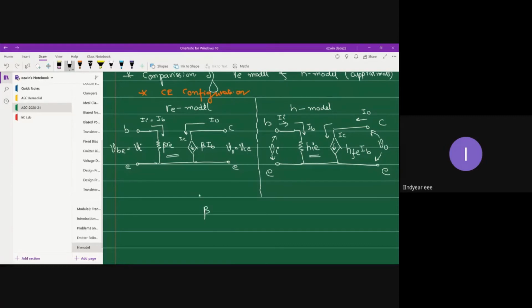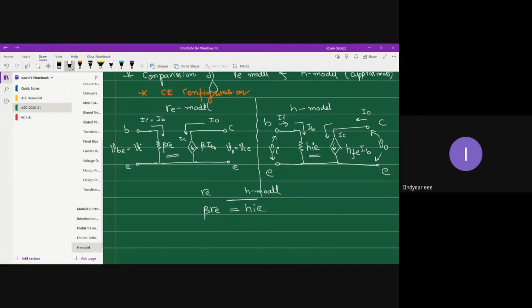So beta RE is equivalent to HIE. This is RE terminology and this is H model terminology. On the output side, you have beta IB, and for the H model, you have HFE IB.